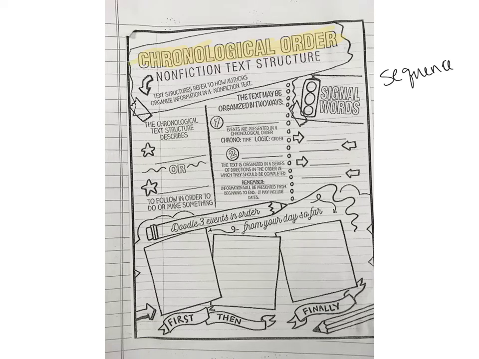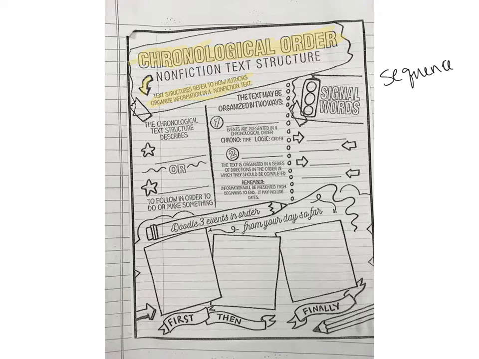Okay guys, so today we are going to be working on our chronological order nonfiction text structure. You can also call this a sequence nonfiction text structure. And remember that nonfiction text structure just means how authors organize information in a nonfiction text.